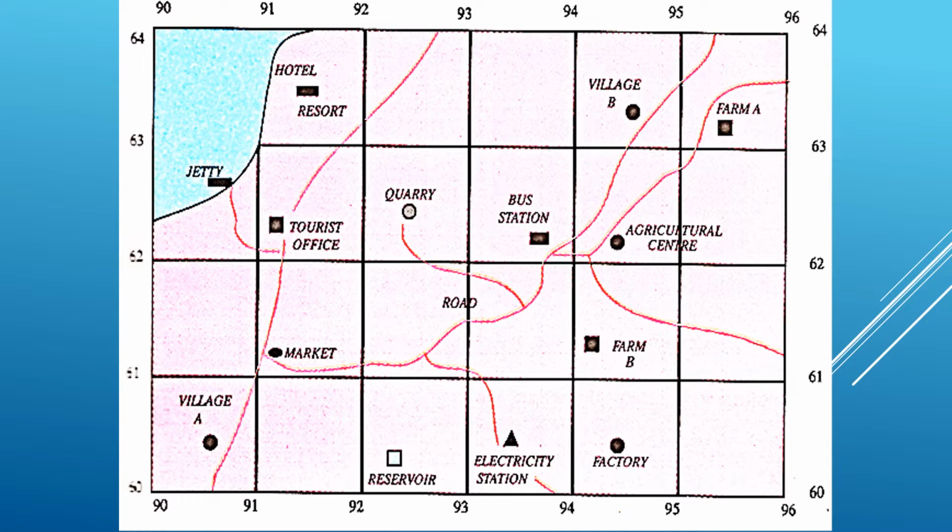So if we examine our grid, we see that the quarry is located immediately east of easting 92. Not 91, not 93. The quarry is located immediately east of easting 92. So therefore, 92 is going to be our first two figures.